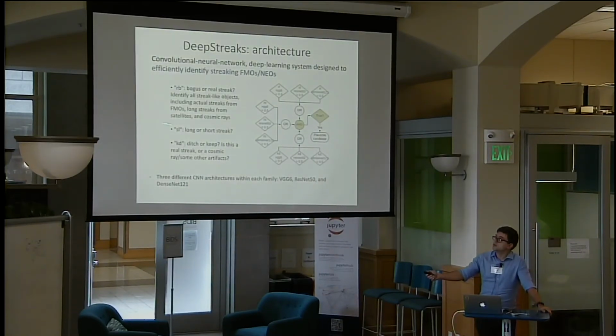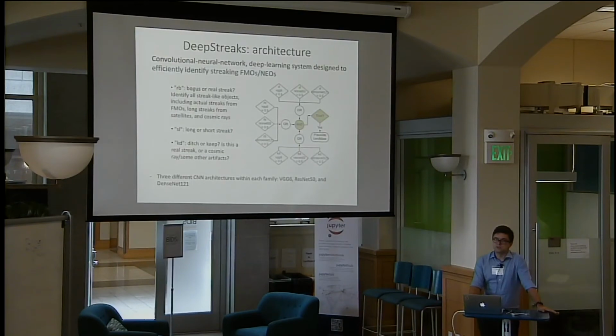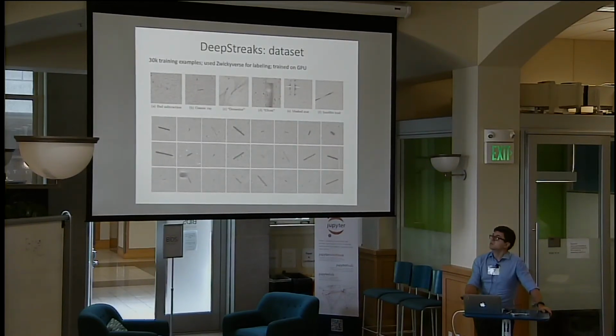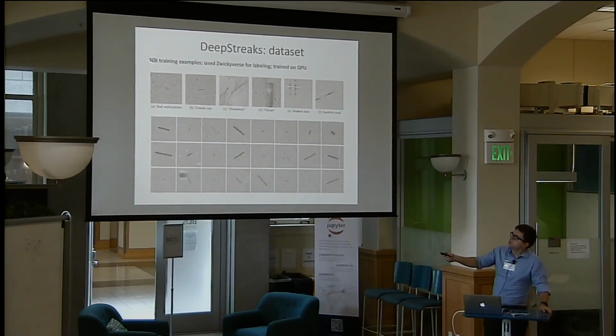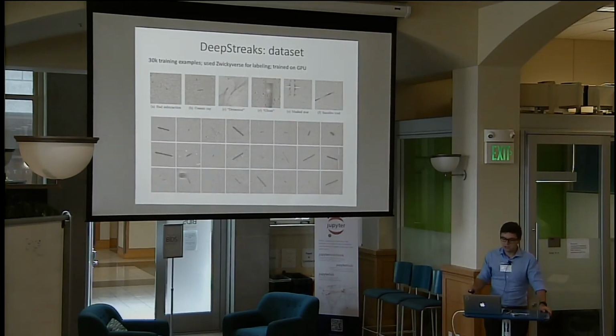Then the second part decides whether it's a long or a short streak, and the last part decides whether to ditch or to keep it. Again, we used Zwickyverse to label the 30K training examples. This is just an example of how the bogus things look like, and the task is to find these guys.